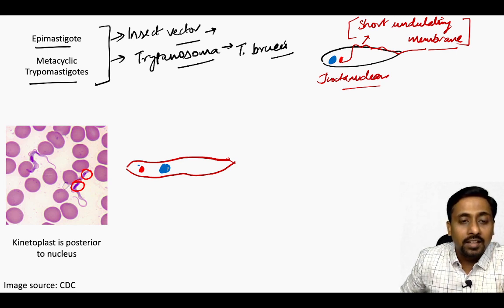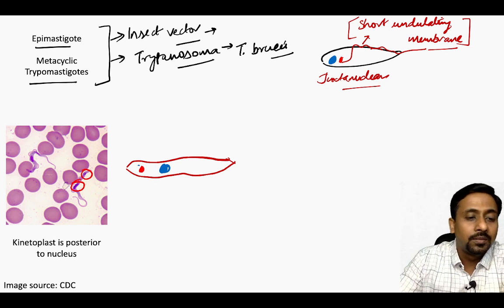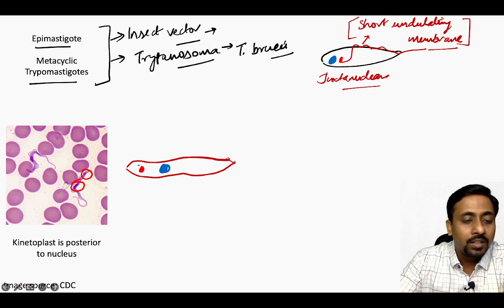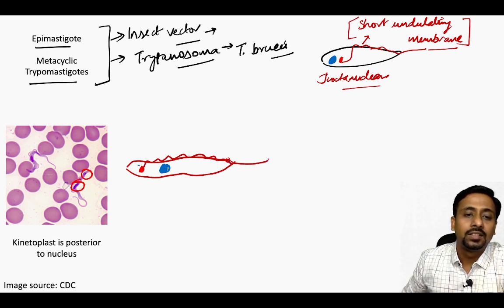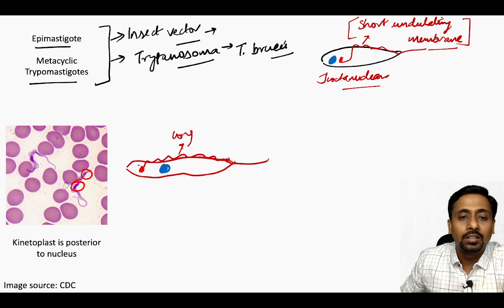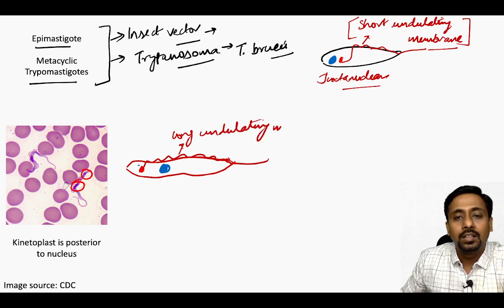Okay, and the flagellum runs along the entire length of the body as an undulating membrane before coming out from the anterior end. So in this case there is a long undulating membrane.